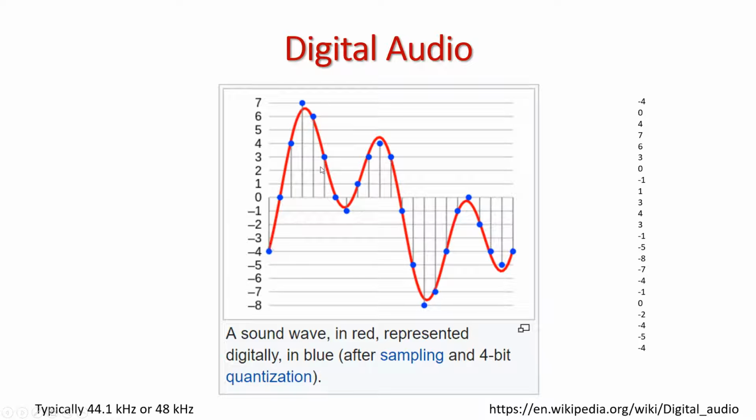So this wave here would be turned into this sequence of positive and negative numbers, which are the values of this wave, say -4 here, then 0, then 4, then 7. You see this 7 here, it's not quite 7. That 7's a bit higher than what the wave is, but it's closer to 7 than it is to 6. So there's this rounding process when we turn an analog signal into a digital signal.